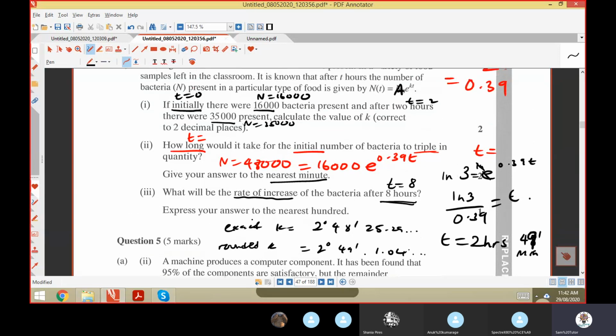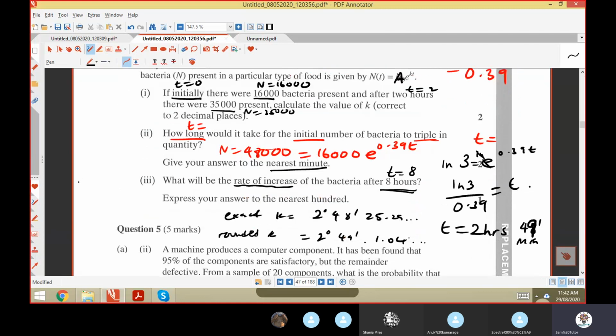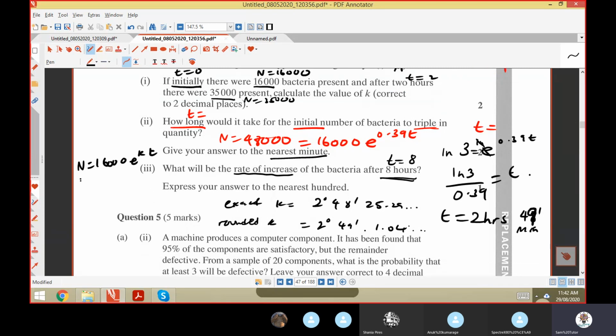So what are you going to do? We're going to start again back at our original. N equals 16,000 e^(kt). We'll just leave k as k for now. All right, what is the derivative of this? What's dN/dt? Someone tell me their answer.